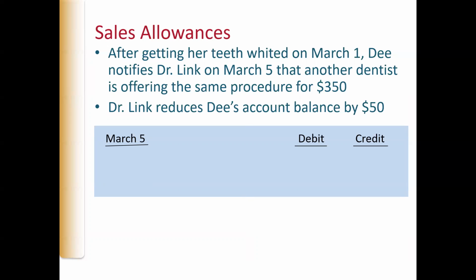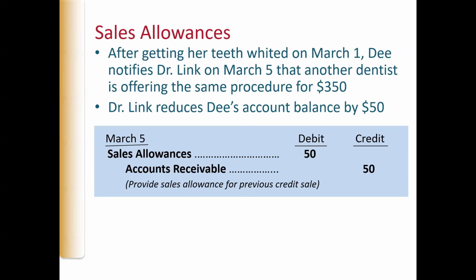So in this case, since this is a sales allowance, Dr. Link is going to record a journal entry reducing the account balance by $50. And he will use the account sales allowances for $50 and credit the accounts receivable for $50. So this is recorded. This is after the fact.